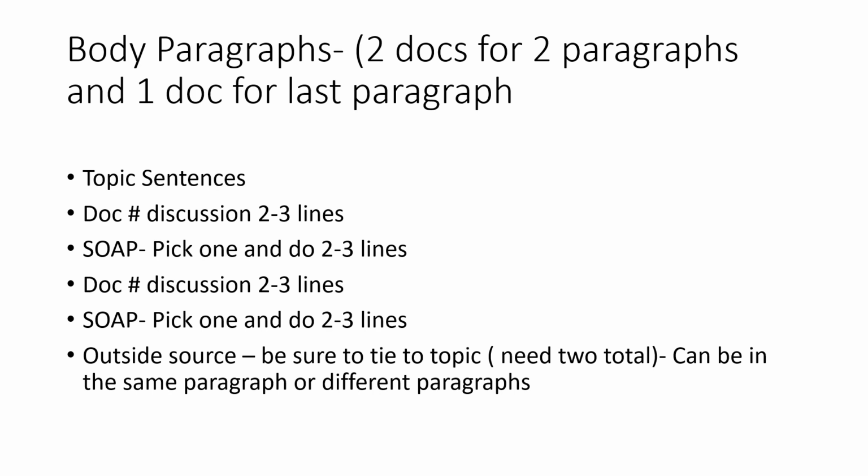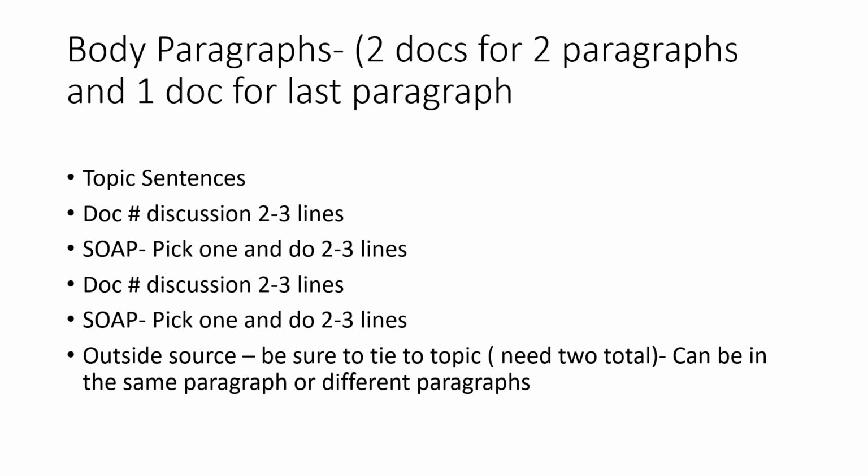Now, let's say you feel like it goes really well with another group, then I would tie it to one of the body paragraphs the best that you can. But if you feel like the document doesn't tie, so let's say you have 4 documents, you feel like, oh, these 2 tie well together, these 2 tie well together, and you have that third document, you don't know where to put it, then do a separate body paragraph, just make it short.